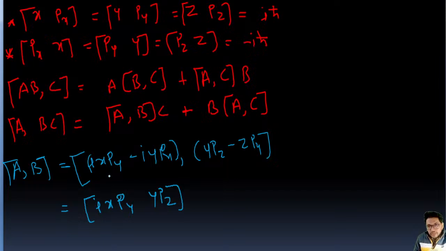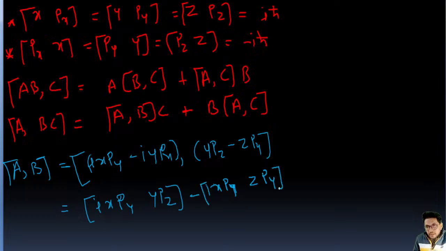Multiply this with this, then this with this, minus iota xpy into zpy.